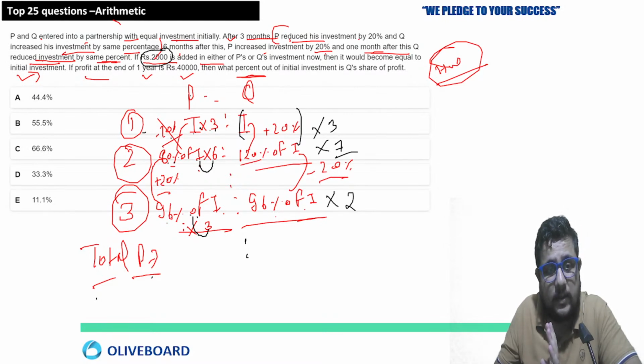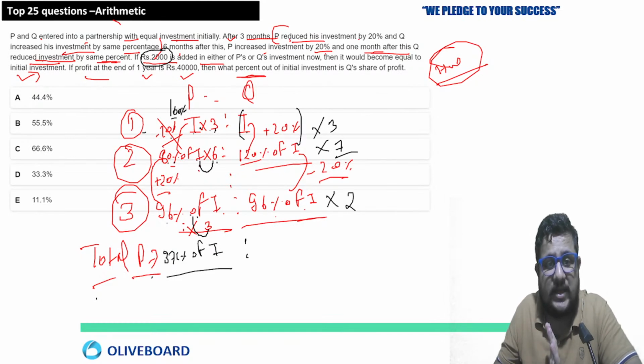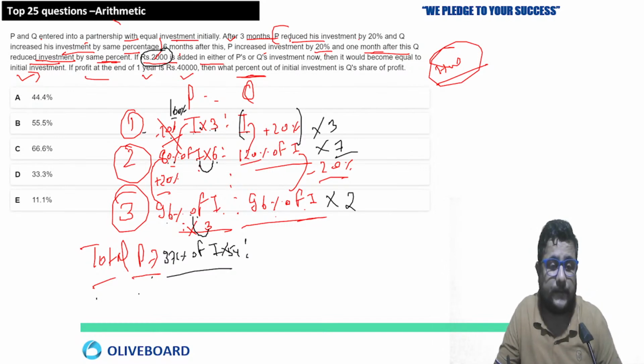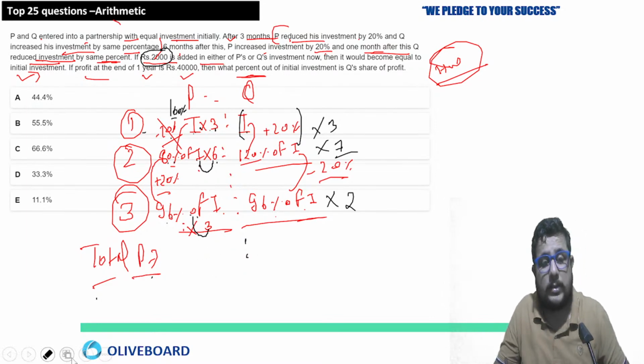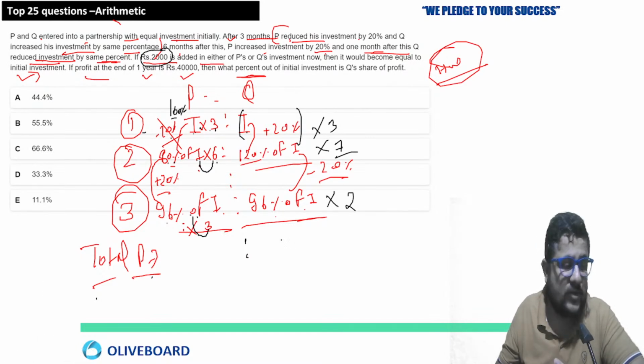So 376% of I. This is 100% of I, the first one. Multiply 3 into 6 into 3 means 18 into 3 means 54. Sorry, no. Just wait. Now this was almost solved for you all.